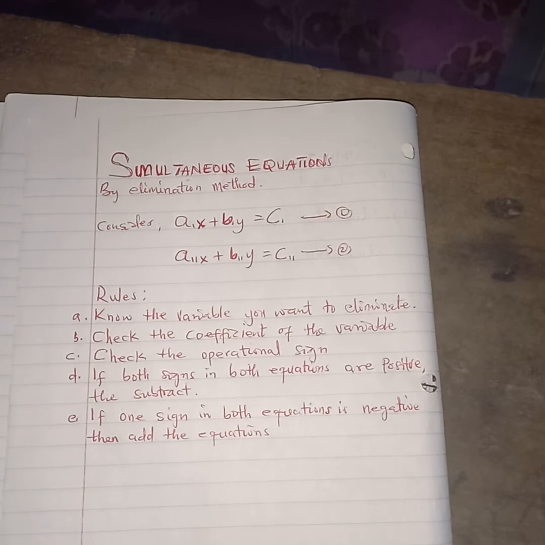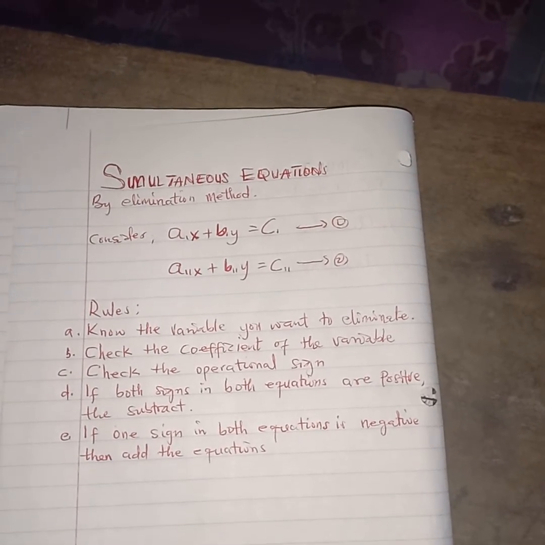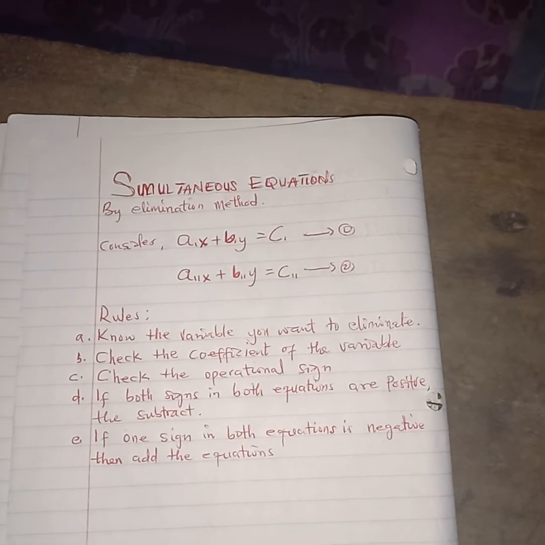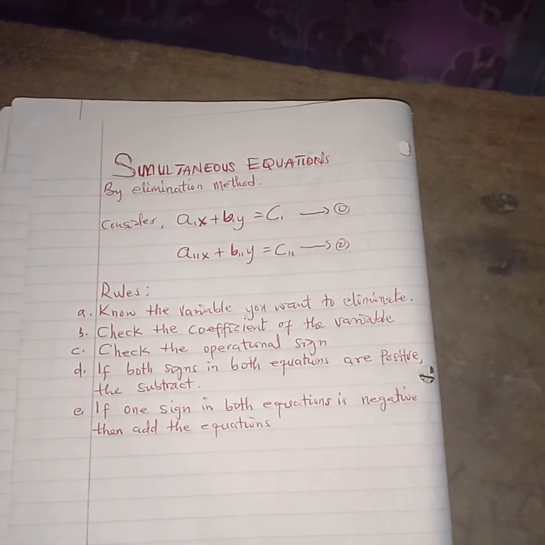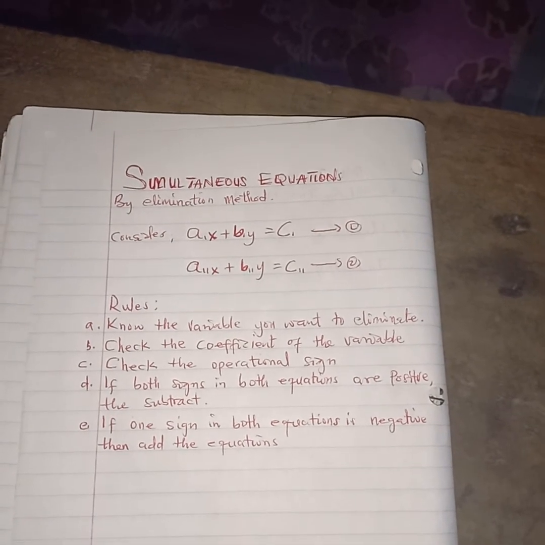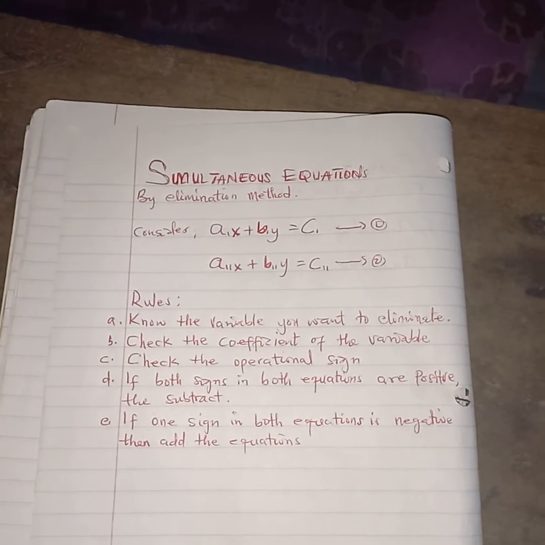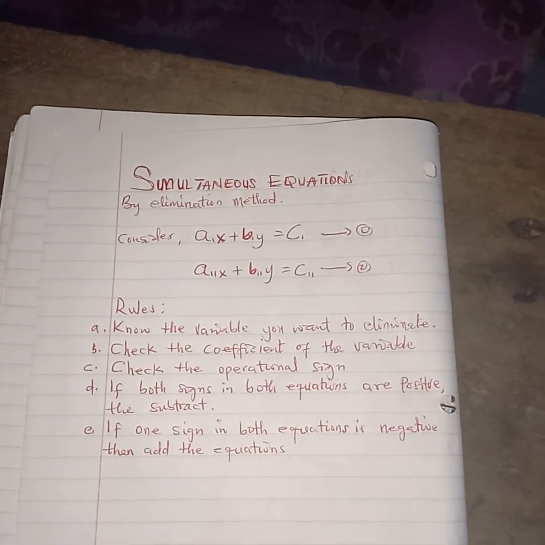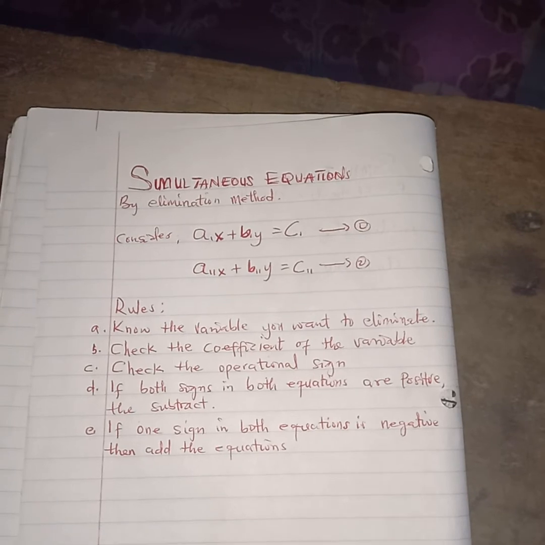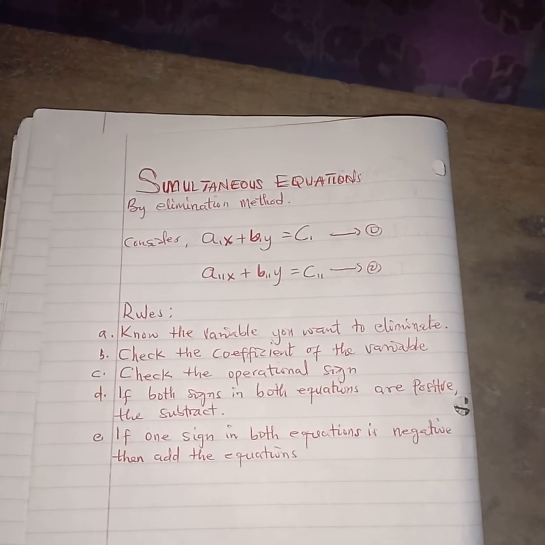So all these rules are applicable to the variable that you want to eliminate, please. So if you want to eliminate the x variable and both the coefficients are positive and the coefficient of y is negative, please do not add, because the focus is not on elimination of y. Please take note of it.